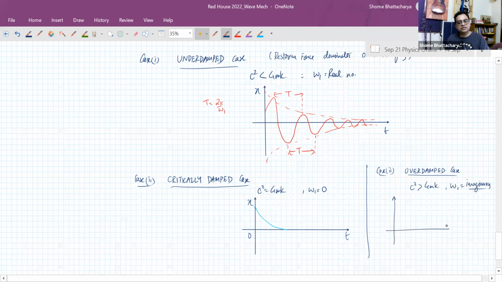So this is something that is going to be mathematically hard for us to understand, because we're not getting into the solution of that differential equation. But this will also be like the critically damped case, just asymptotically approaching zero as t tends to infinity.